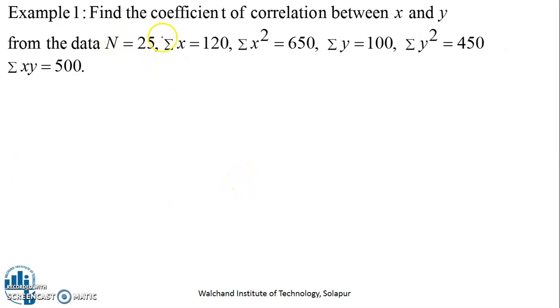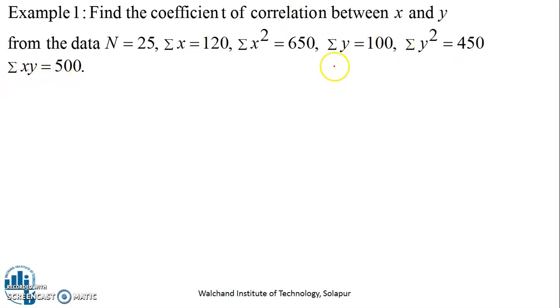Let us consider example 1. Find the coefficient of correlation between x and y from the data: n equal to 25, summation x equal to 120, summation x square 650, summation y 100, summation y square equal to 450, and summation of xy is 500.